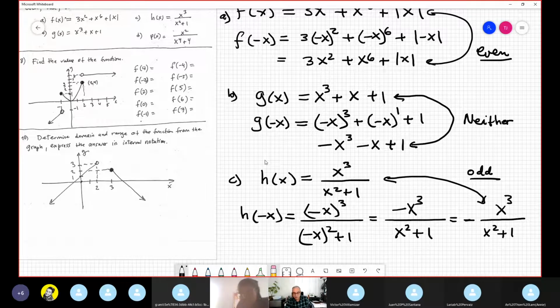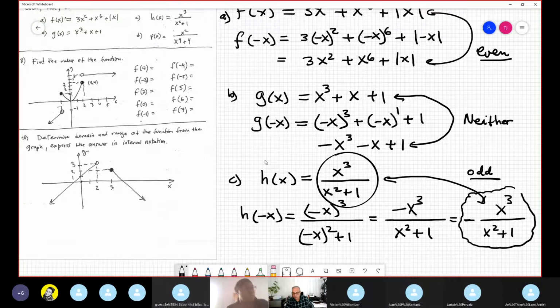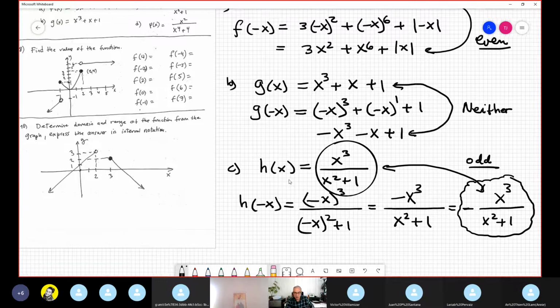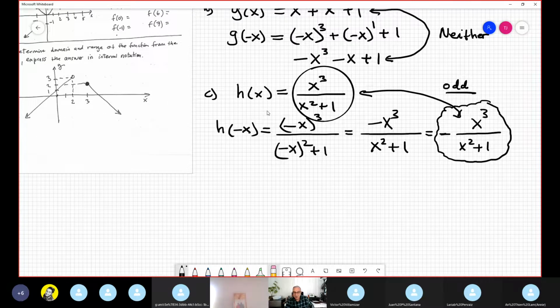So this expression, I compare this and this. Is perfectly compatible with the definition for the odd. Remember the definition of the odd was, you make a reflection, is minus the same function.